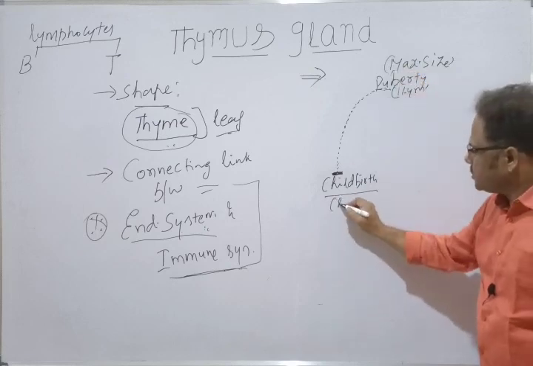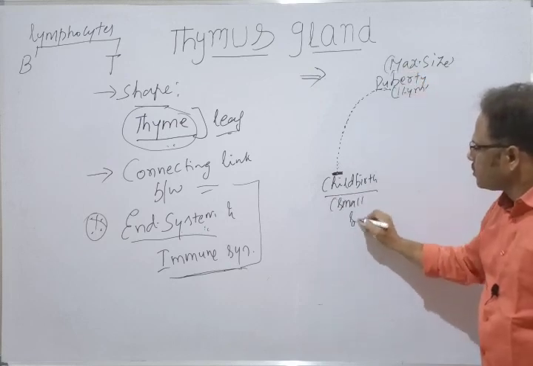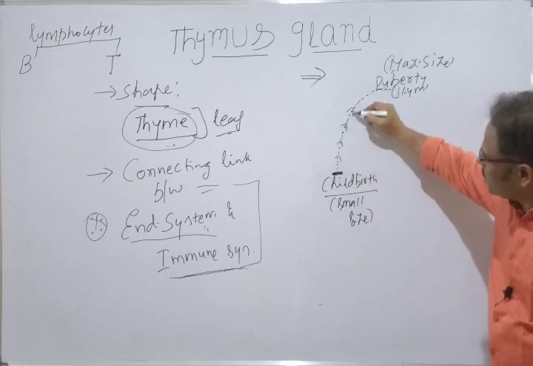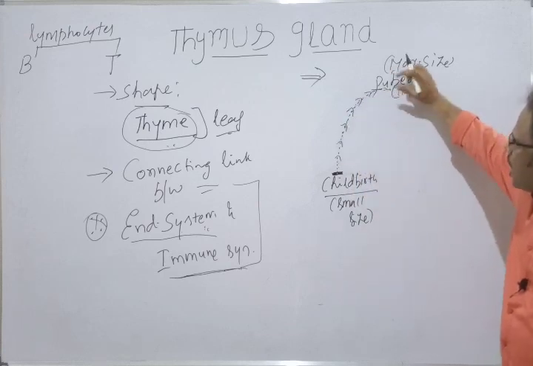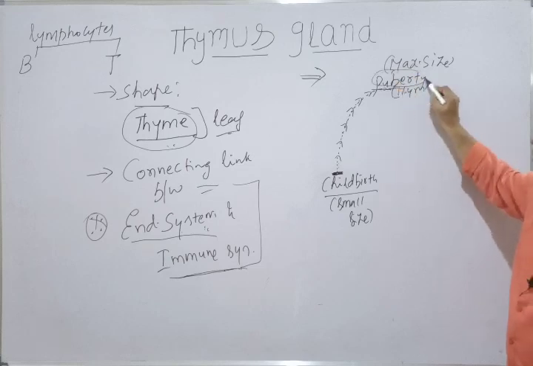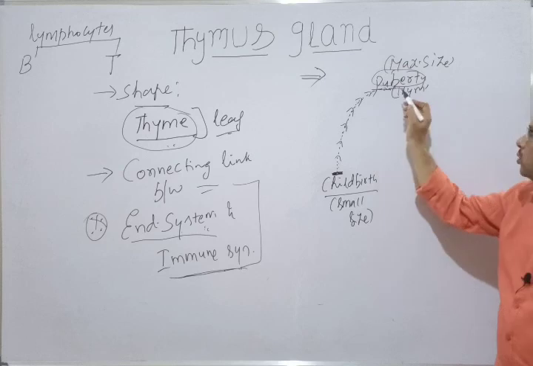This is the small size. As the age advances, it keeps on increasing in size, and attains the maximum size when the child is attaining puberty, around 10 or 11 years.